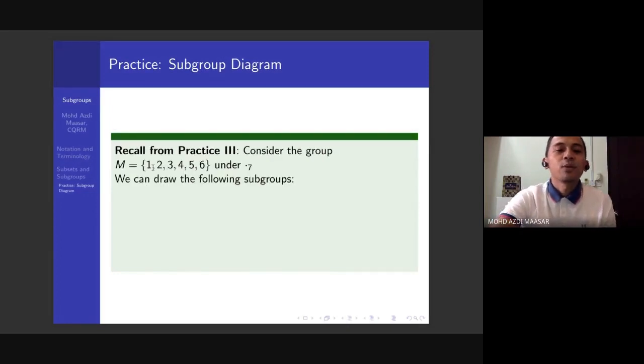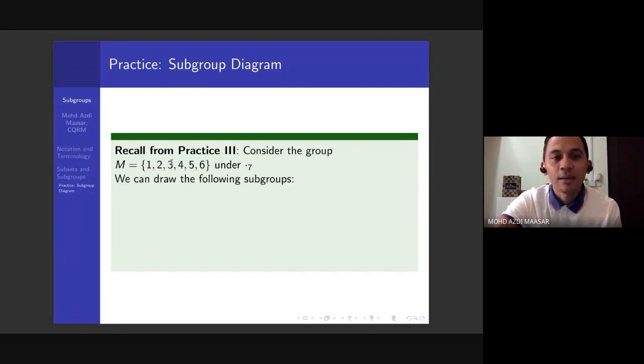Furthermore, I also asked you about the inverse of each element. The identity, of course, you know that 1 is the identity because 1 multiplied by 2 equals 2, 3 multiplied by 1 equals 3, 1 multiplied by 3 equals 3, and so on. The inverse of 1 is 1, and the inverse of 2 is 4, because 2 multiplied by 4 is equal to 1.